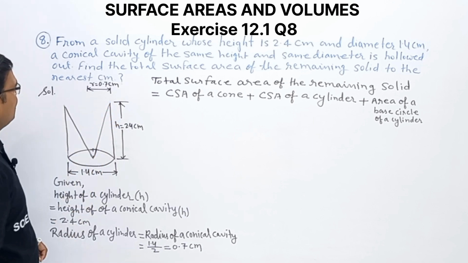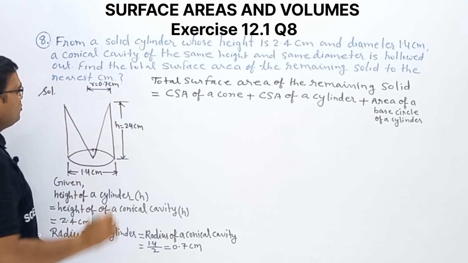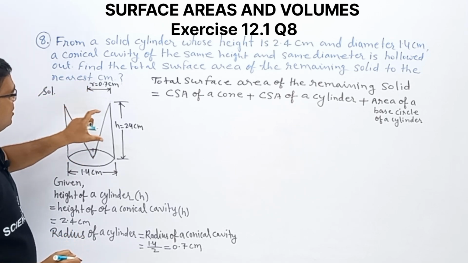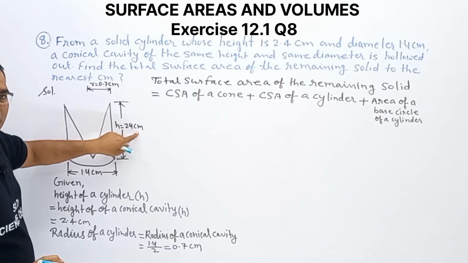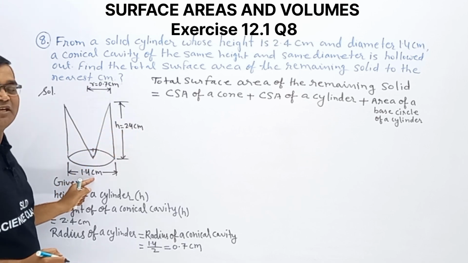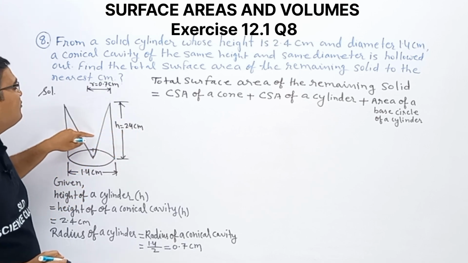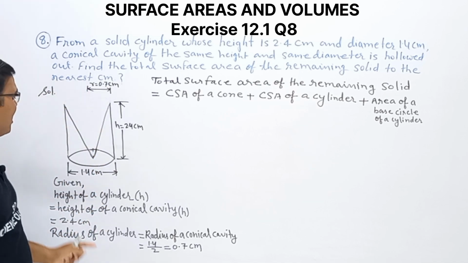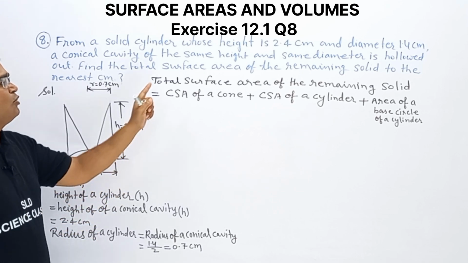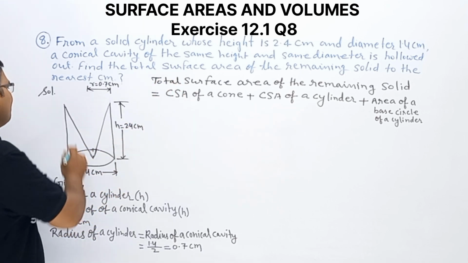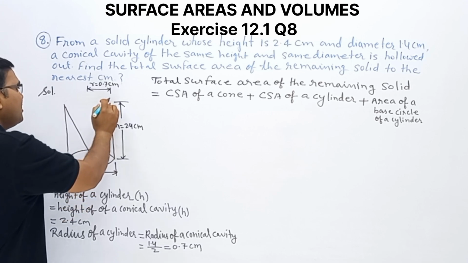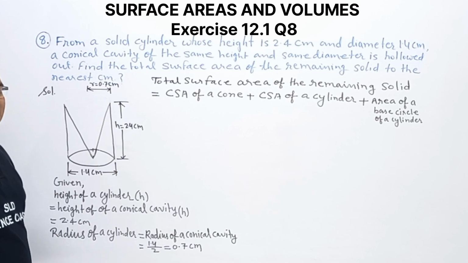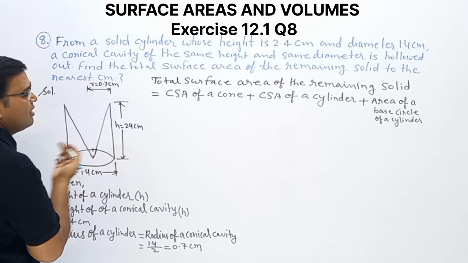Now observe, once we remove the conical cavity of 2.4 height and 1.4 centimeter diameter from this solid, then the remaining solid is this one. Now we want its total surface area. So we will use the curved surface area of a cone plus the curved surface area of a cylinder plus the area of a circle.